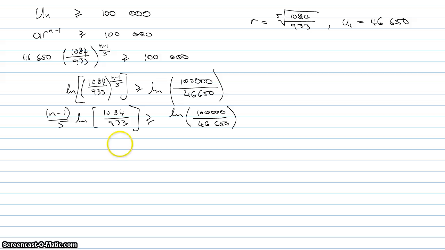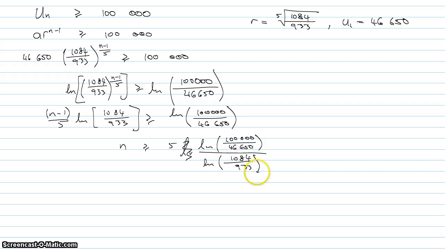So what can we say about n? n has to be bigger than or equal to 5 times ln of 100,000 over 46,650, over ln of 1084 over 933, plus 1.